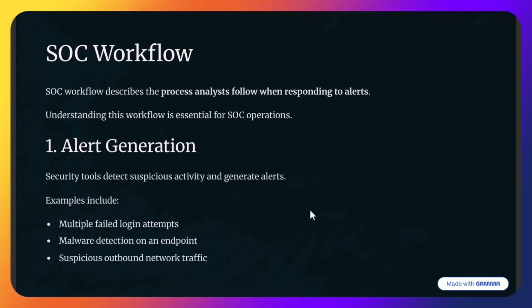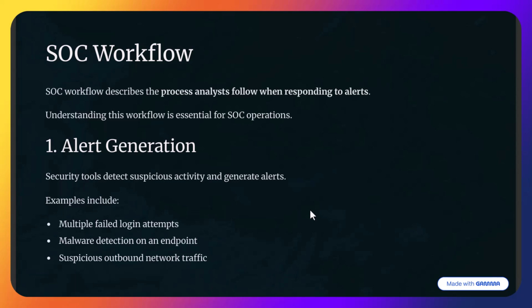The first stage of the SOC workflow is the alert generation stage. At this stage, security tools detect suspicious activity and automatically generate alerts. An alert simply means a notification that something unusual or potentially dangerous has been detected in the system or network.